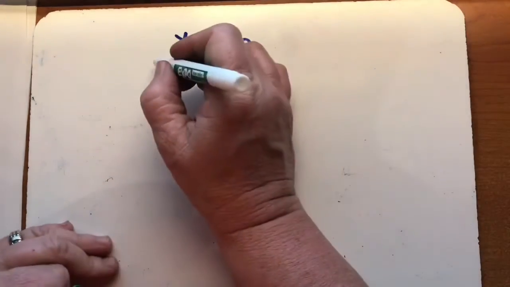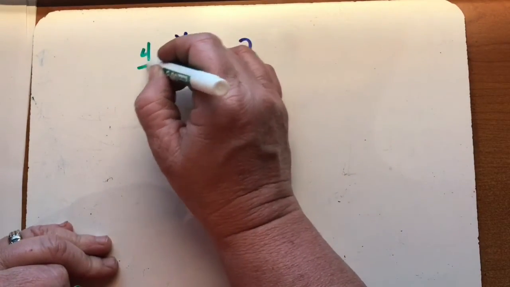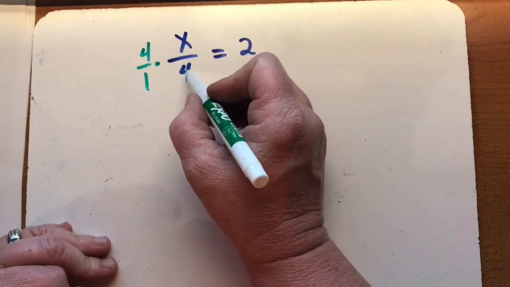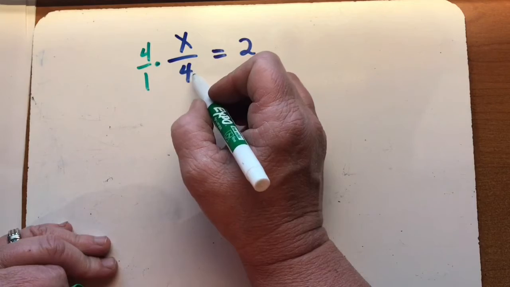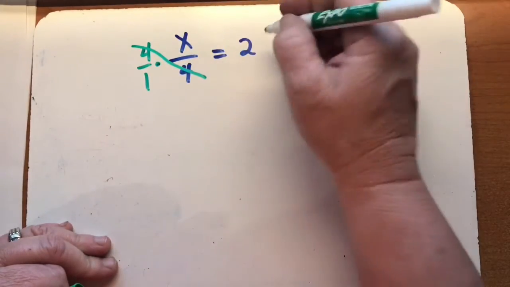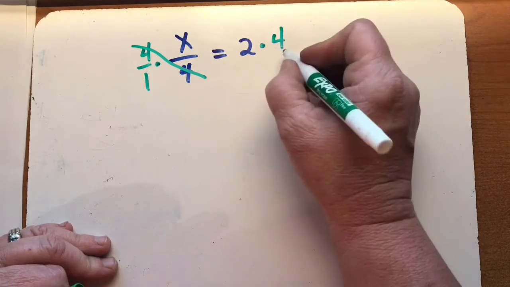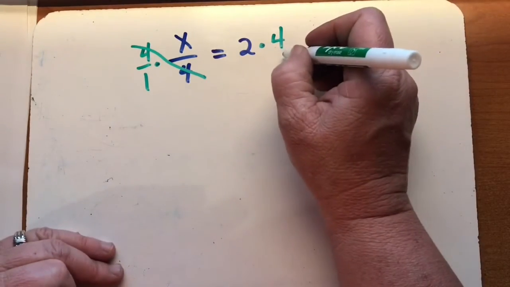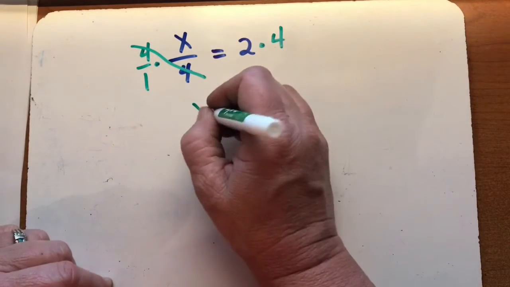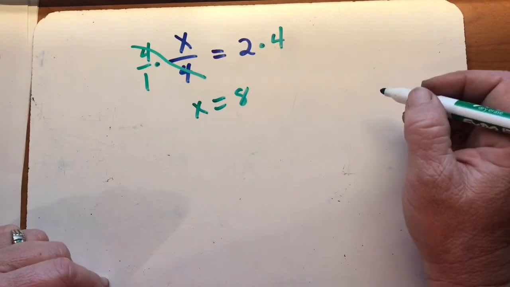So I'm going to multiply this side by the reciprocal, or the upside down version, whatever helps you remember. So these guys cancel out. Over here, I don't have to write that 1. If I do, it's no big deal. The 1 just goes away anyway. And so x equals 8.